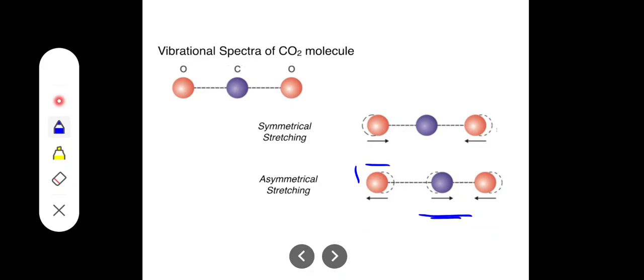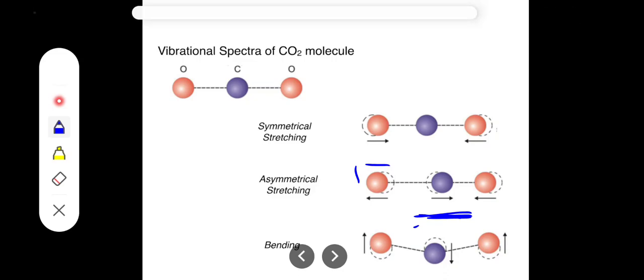Both oxygen atoms and the carbon atom vibrate asymmetrically. And third one, bending mode of vibration. The carbon atom and both oxygen atoms vibrate perpendicular to the molecular axis.